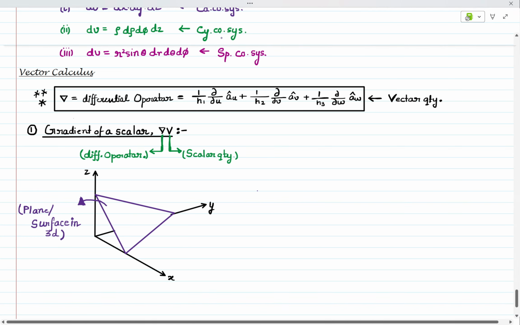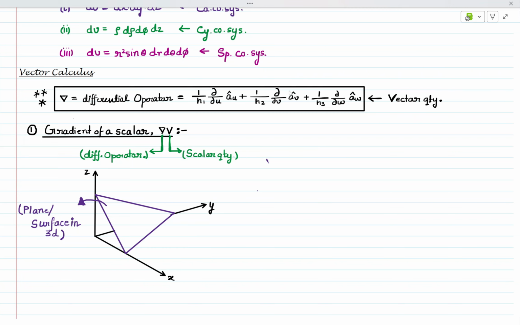Now I want to determine a normal vector on this plane.